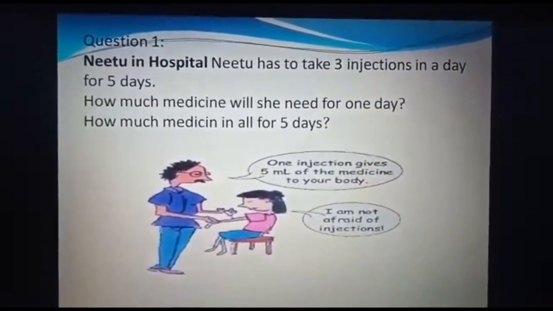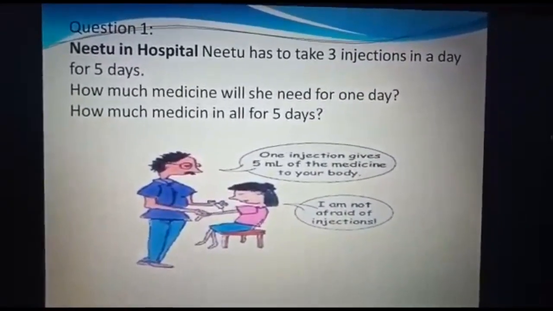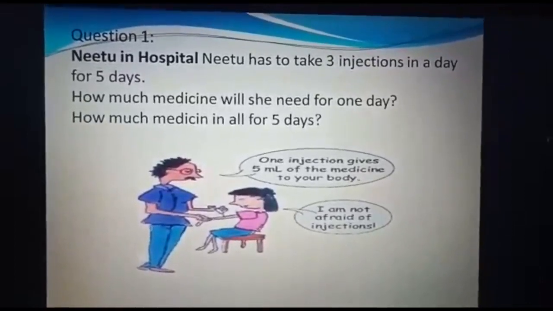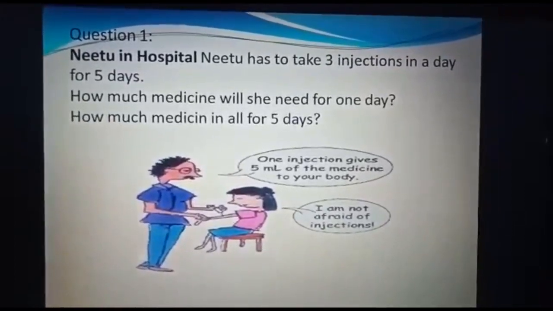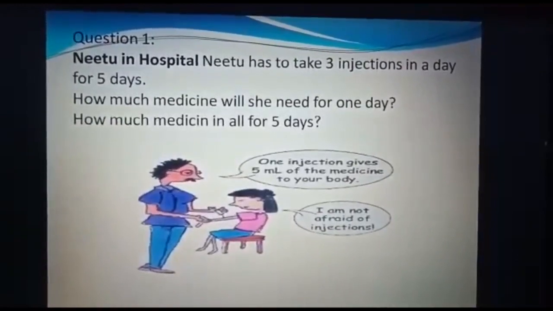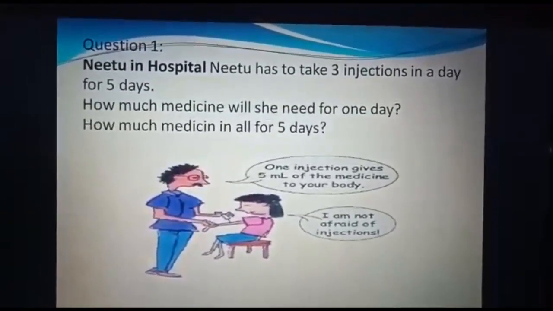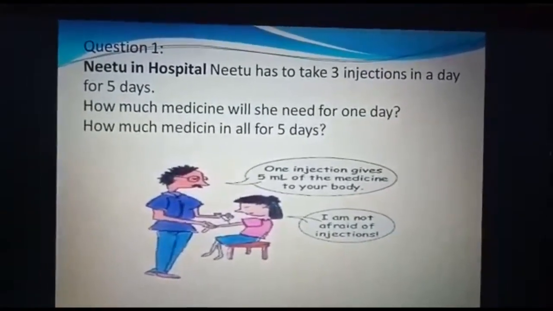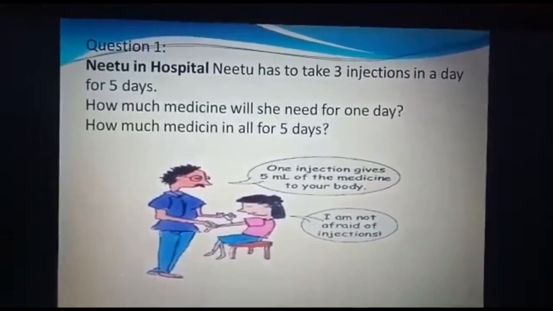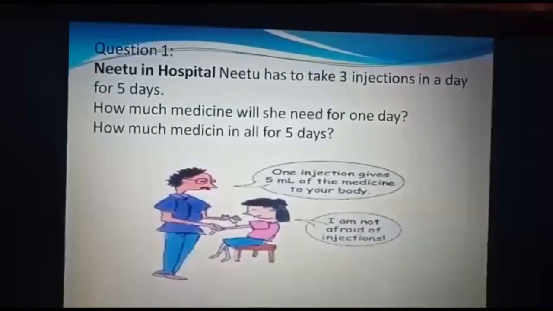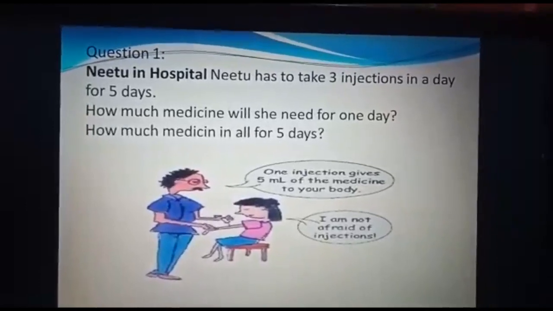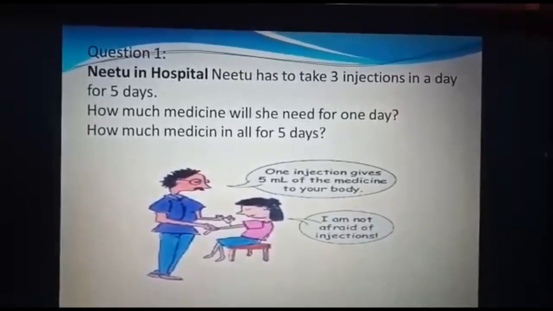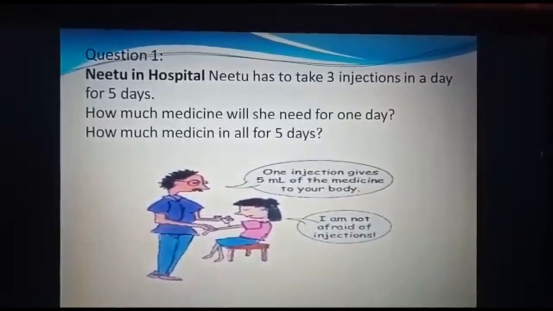And the doctor is saying 1 injection gives 5 milliliter of the medicine to your body. And Neetu is saying, I am not afraid of injections. So what did the doctor say? Doctor said 1 injection gives 5 milliliter medicine. And she needs 3 injections in a day for 5 days.